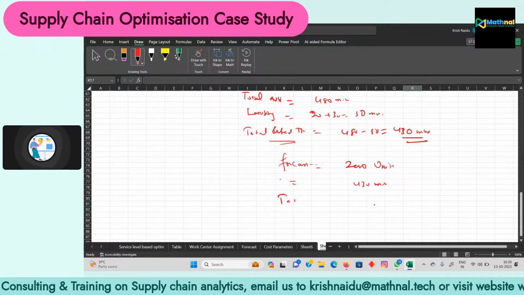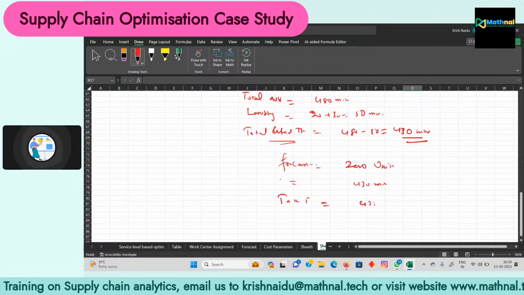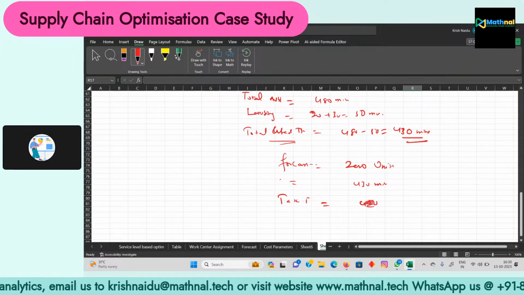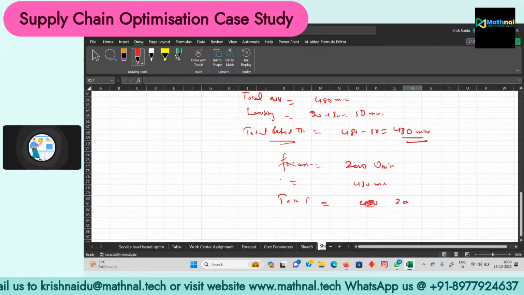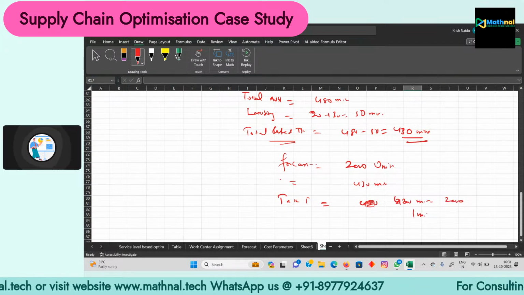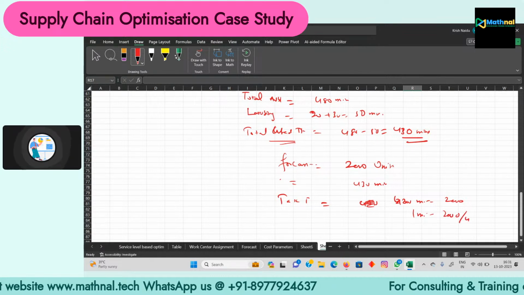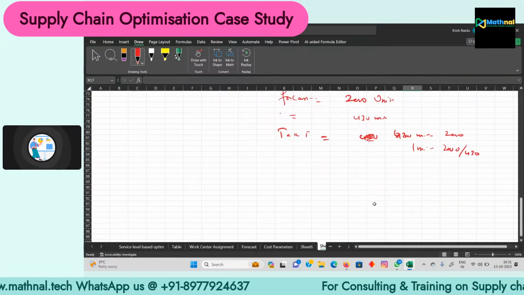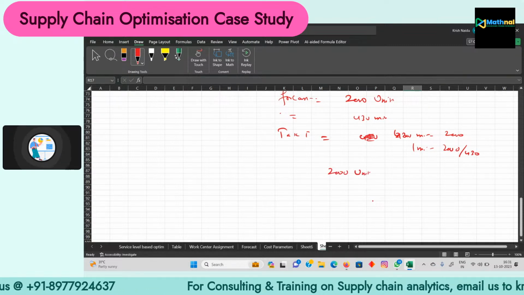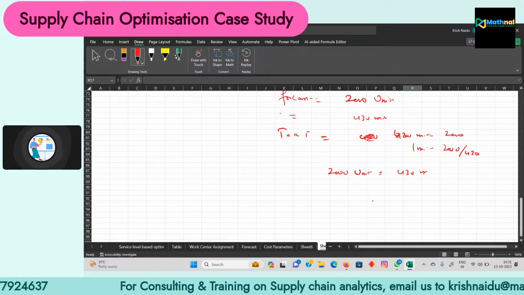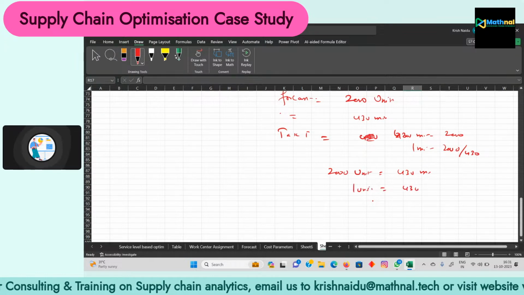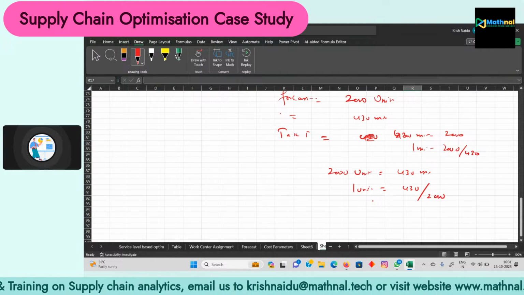So here 430 minutes is for 2000 units. Or in other words, we have 2000 units which need to be produced in 430 minutes. So one unit has to be produced in 430 by 2000.